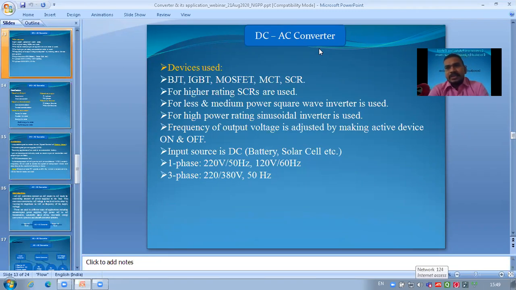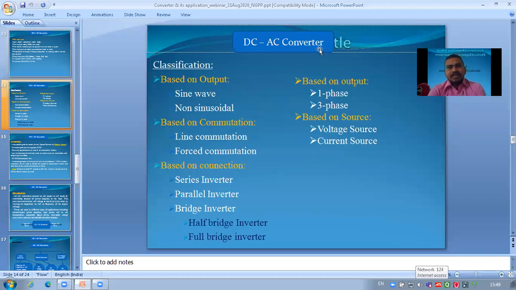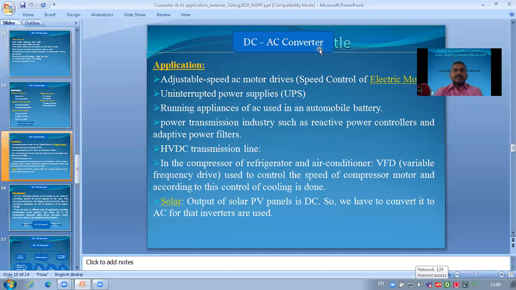Mainly the output voltage is adjusted by making the devices on and off, that is, by switching the devices. Classification is based on output, commutation, connection, phases, and the source. It is used in various applications of the converter.